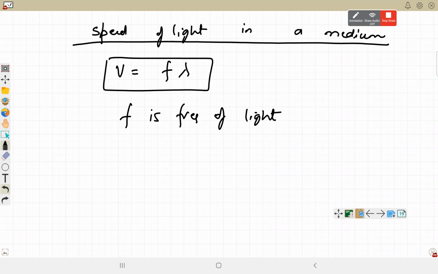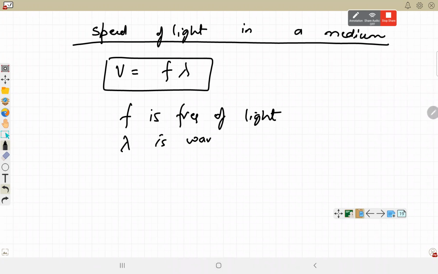So what is oscillating here? The electric field and magnetic field are oscillating. There is no particle oscillating. Very nice. f is frequency of light and lambda is wavelength.